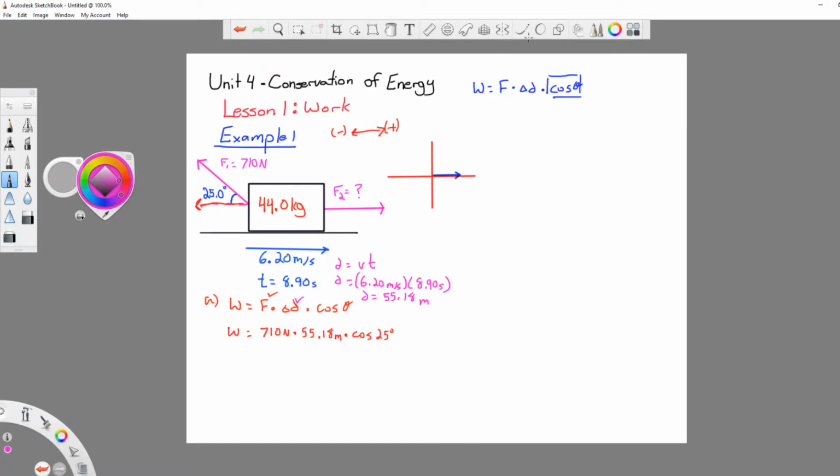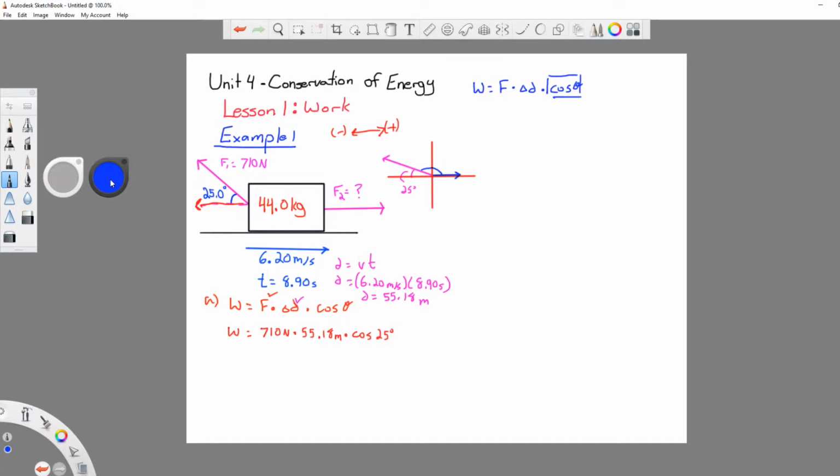Now if I have our force pulling up this way, this is 25 degrees. Well, the difference in these two is this angle. That angle is the cosine angle here.